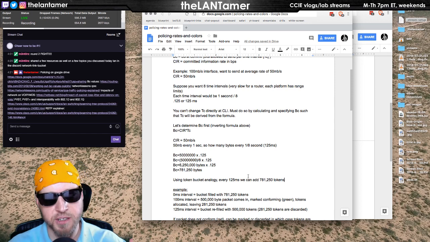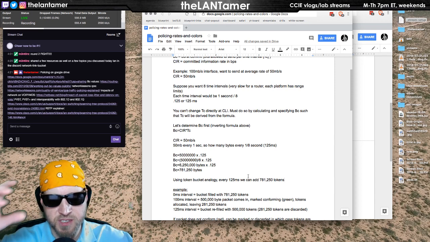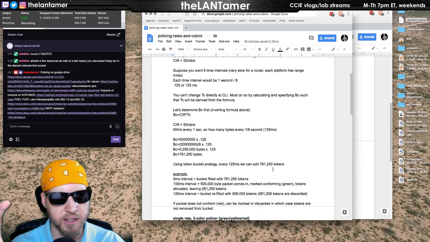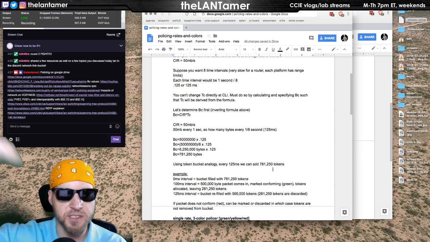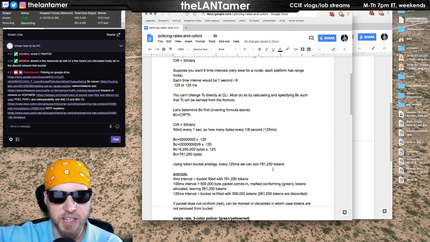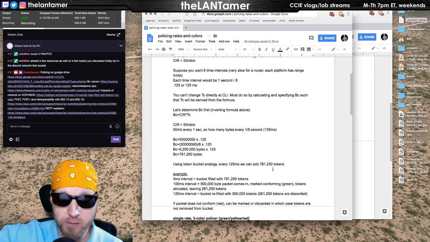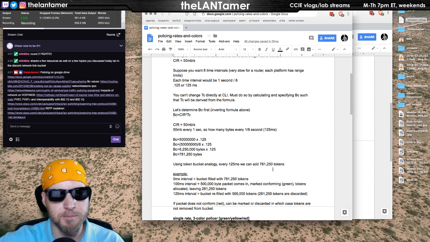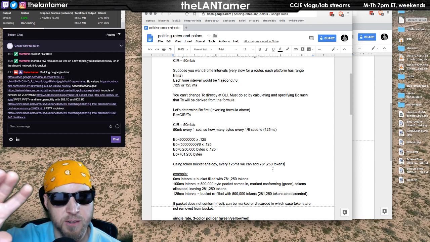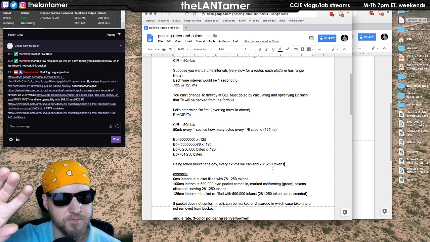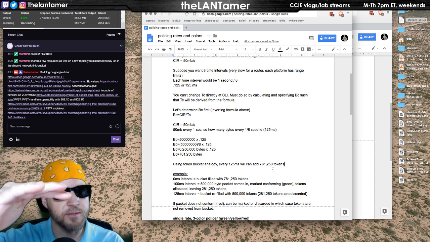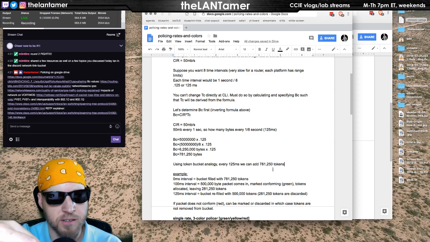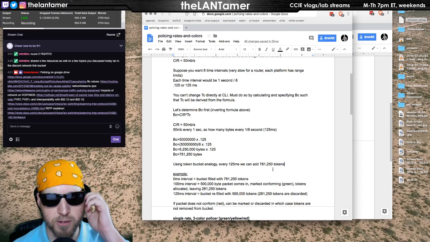So just imagine, every 125 milliseconds, we're going to take a bucket, and we're going to drop tokens in there. In this case, we figured out, based on the rate we want, and based on the time interval we set up, it's 781,250 tokens in this bucket.